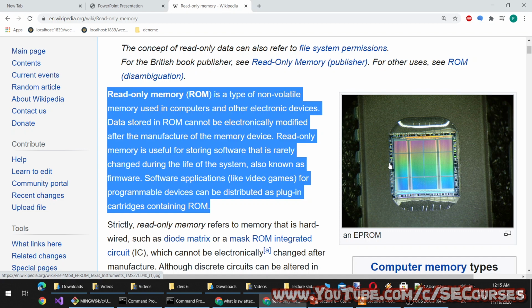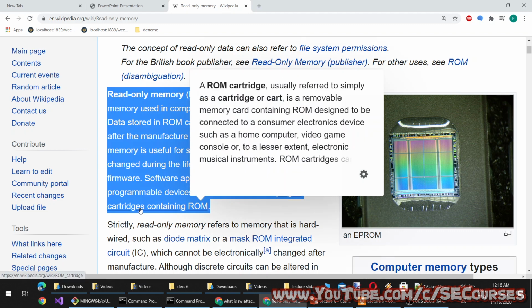Data stored in ROM cannot be electronically modified after the manufacture of the memory device. Read-only memory is useful for storing software that is rarely changed during the life of the system, also known as firmware. Software applications, like video games, for programmable devices can be distributed as plug-in cartridges containing ROM.